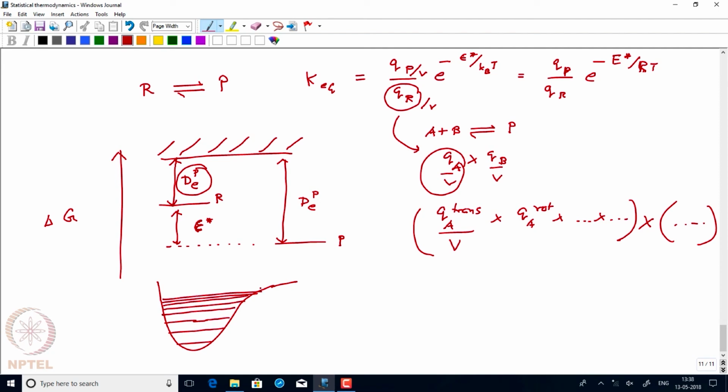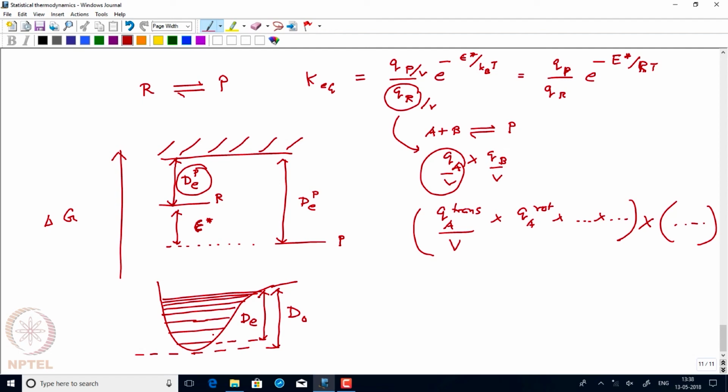If you measure the energy from the zero point level, that energy you call D0, as opposed to the energy you have just drawn, which is the experimentally determined quantity, which you call DE.